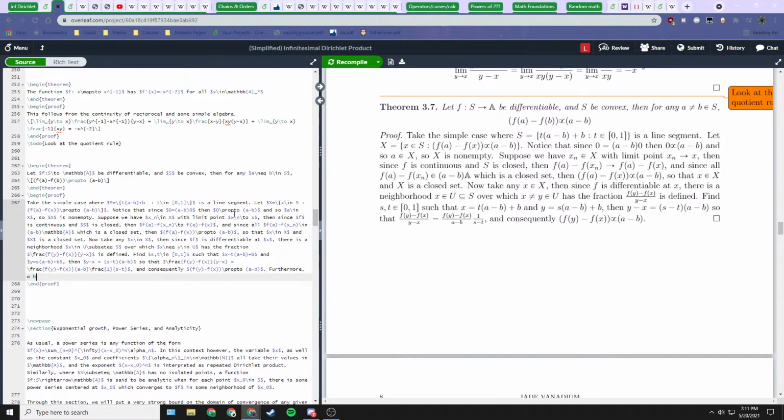We have this fraction minus this other fraction, which will have x minus a is just y.